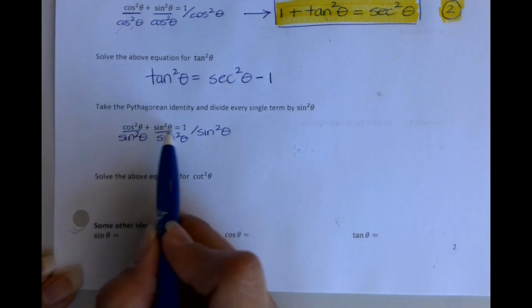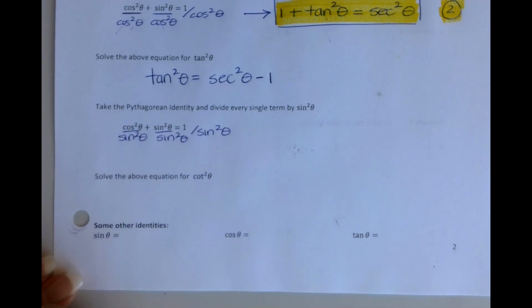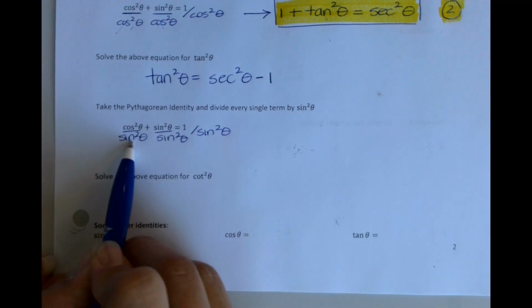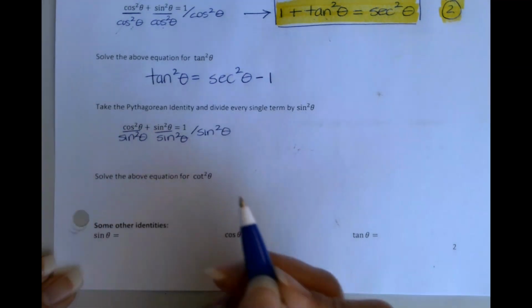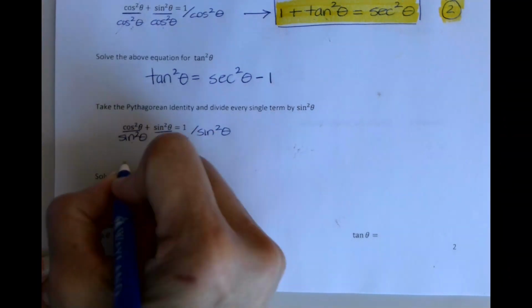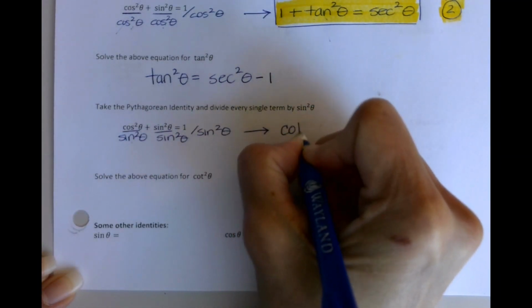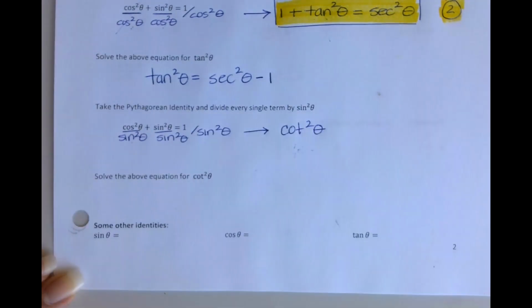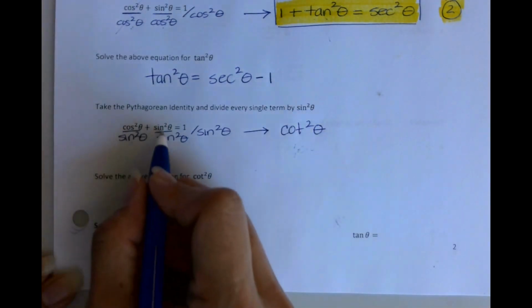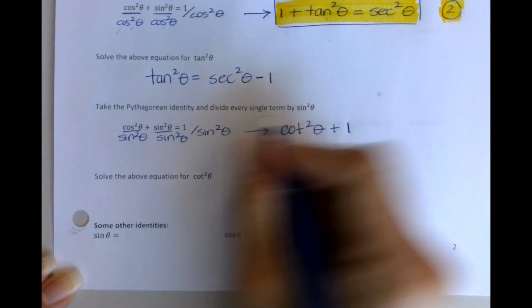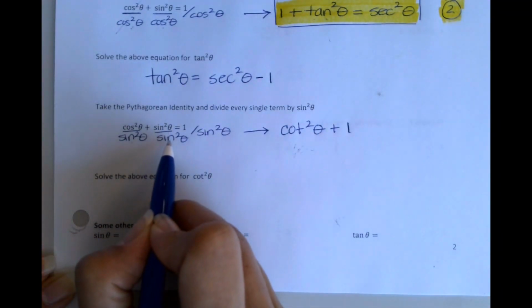Again, you are going to get these terms from the top of your page. The cosine squared divided by sine squared, if you look upstairs, is cotangent squared theta. So I'll come over here to my right, cotangent squared theta. My sine squared over sine squared reduces to a 1, because that's like saying a value over another value.